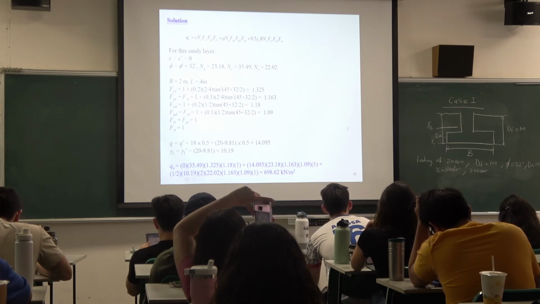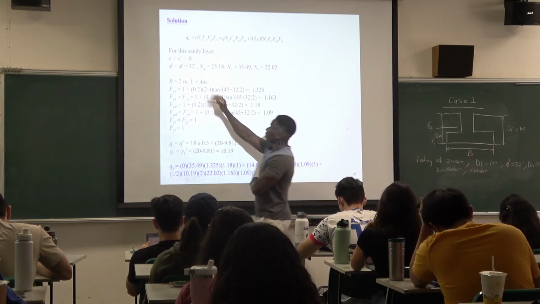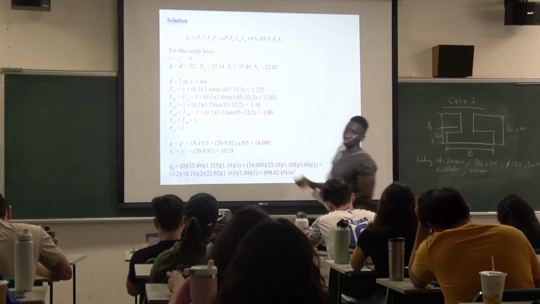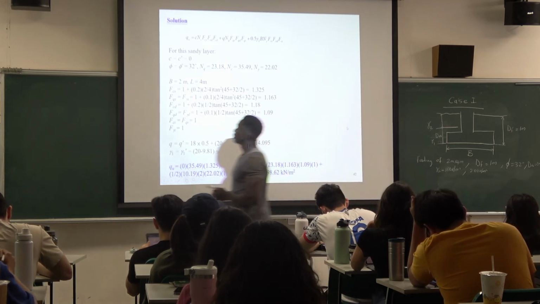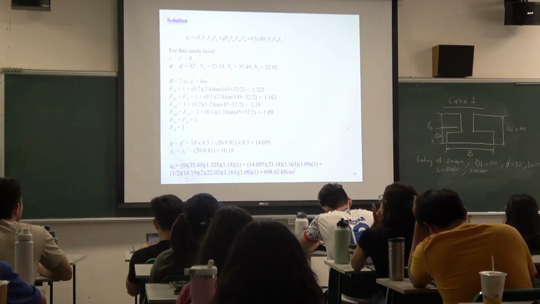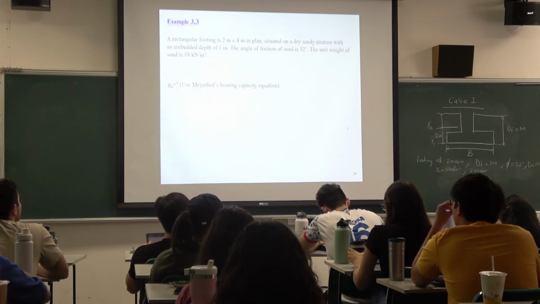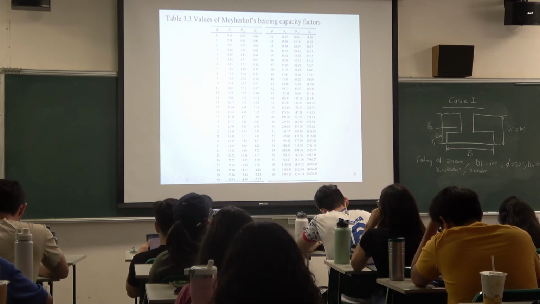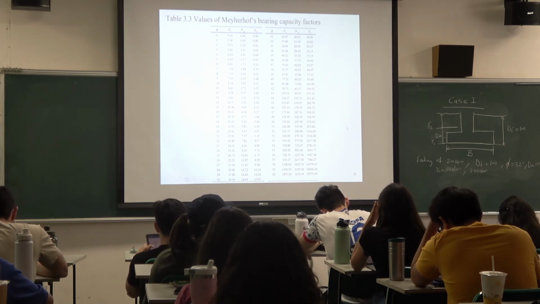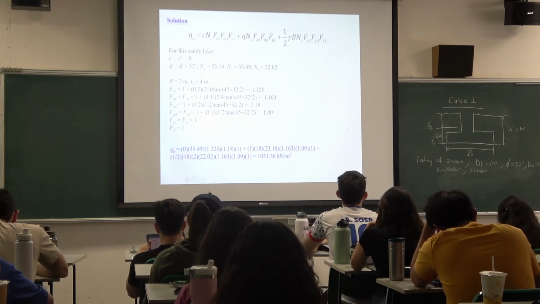Once we get our frictional angle, we can get these values from the table from earlier. For phi prime of 32, NQ is 23.18, 35.49. So we get those values, NC, NQ, and N gamma, and we just write those ones down here.